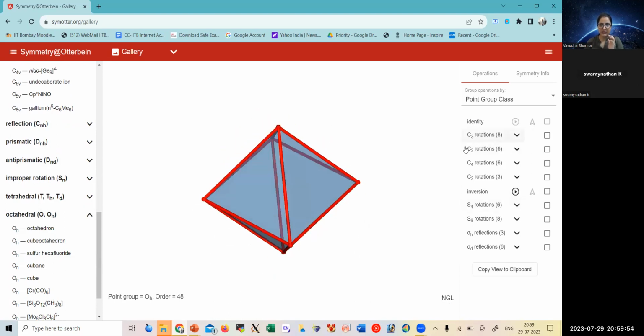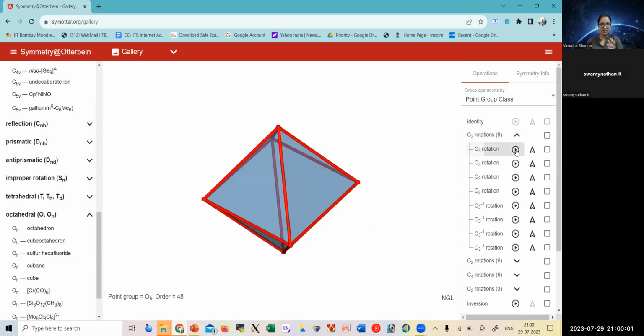You can see how many operations and what elements are there. C3, 8 are there, as I told you, 8 C3s. One C3 this way, another C3 the other way. So you can practice and see the orientation by yourself. There's nothing to mug up; you have to analyze and imagine everything. You can actually see it on these websites.